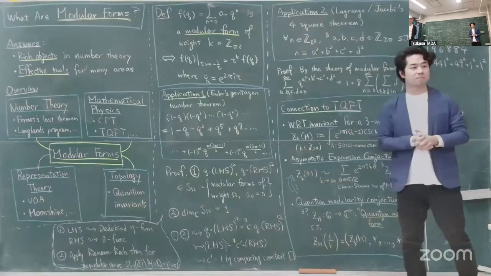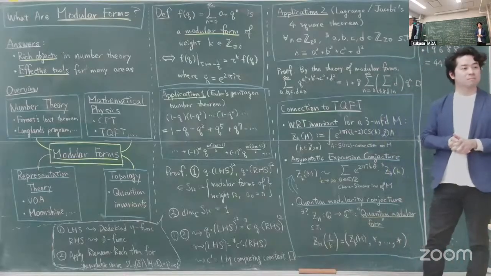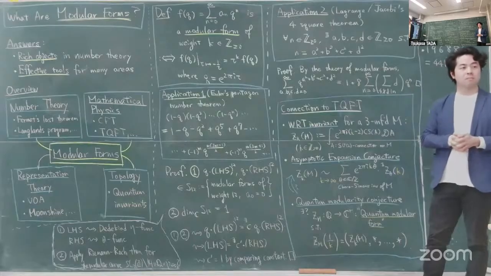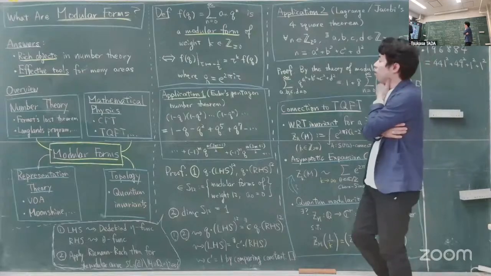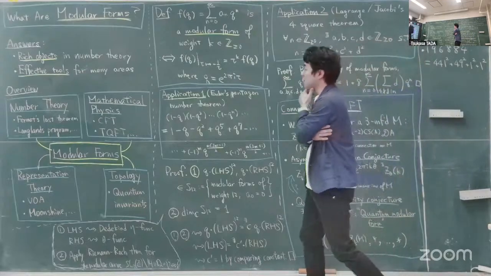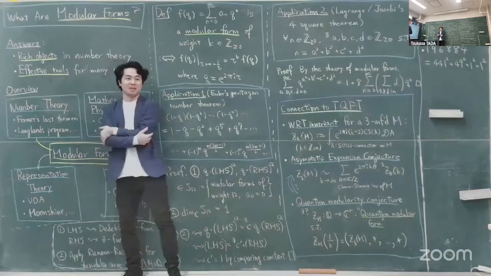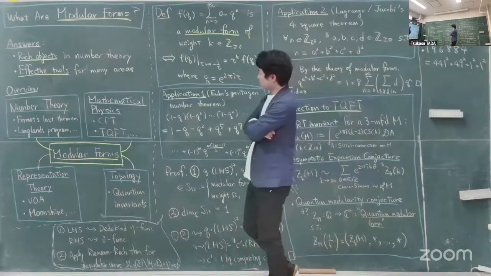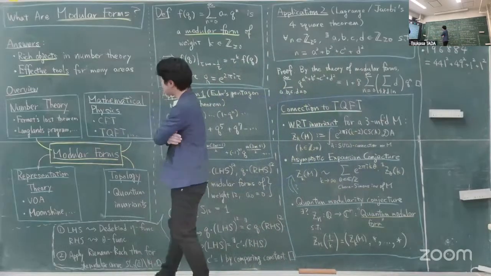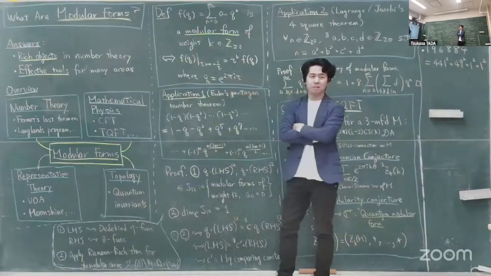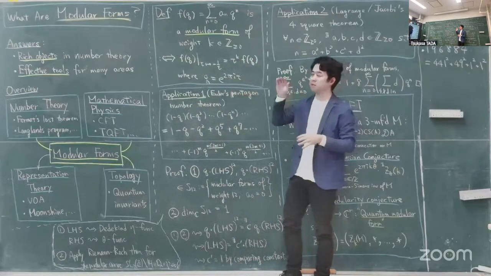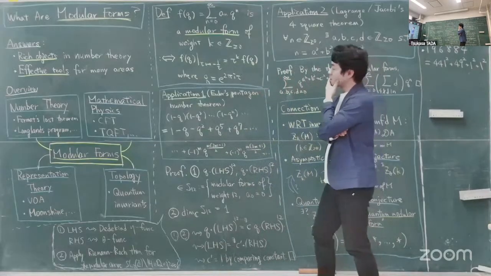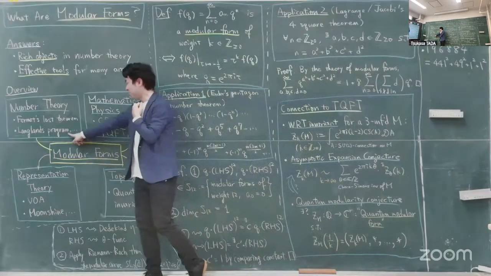Are there a few very important unsolved problems in the area of modular forms? One of the most important problems is the Langlands program. This Langlands program is not purely for modular forms, but considers automorphic forms, which are a generalization of modular forms.